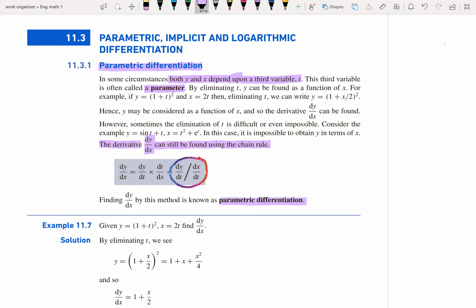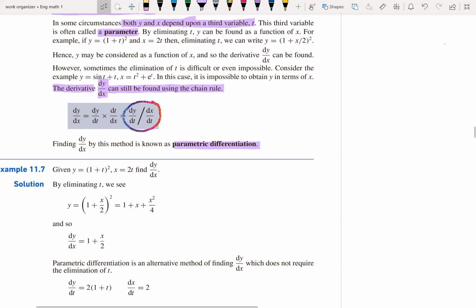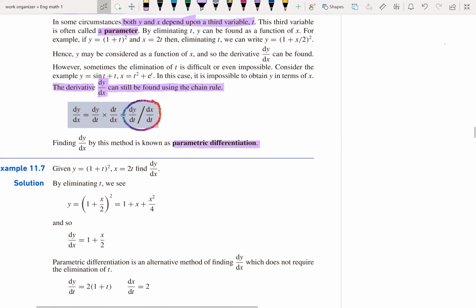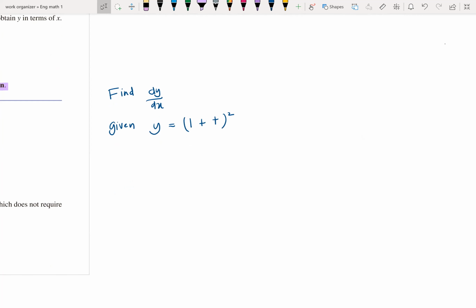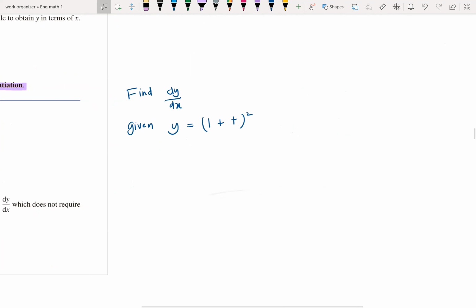So we look at the first example here. We have to find dy over dx or y prime, given y is equal to (1 plus t) in brackets squared, and x equal to 2t.